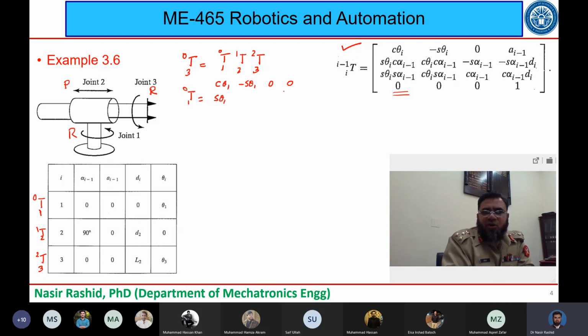Similarly, यहाँ भी cos alpha i minus 1 जो है वो 1 हो जाएगा, तो this will be cos theta 1.